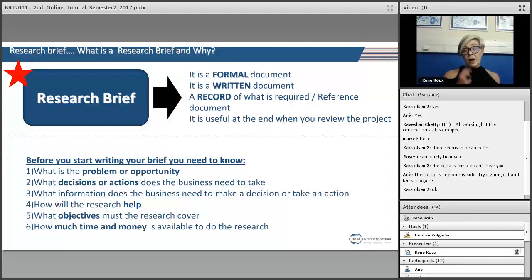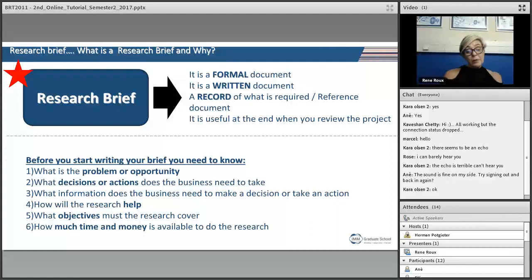You need to know what actions the business wants to take. What is required of them? Remember, it links back to the business problem. It's action-oriented. What information do they need? How will the research help them? What objectives must the research cover? And how much time and money is available?